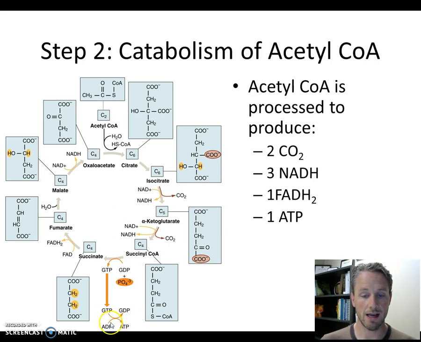So we produce one ATP right at the bottom of the reaction here. We make an ATP by capturing the energy that is coming out of these catabolic reactions. So again, we put acetyl-CoA in, we break the 2 carbons off of this acetyl-CoA molecule, those are the CO2s, and by doing that catabolic reaction, we get out all these energy carrier molecules, NADH, FADH2, and ATP.